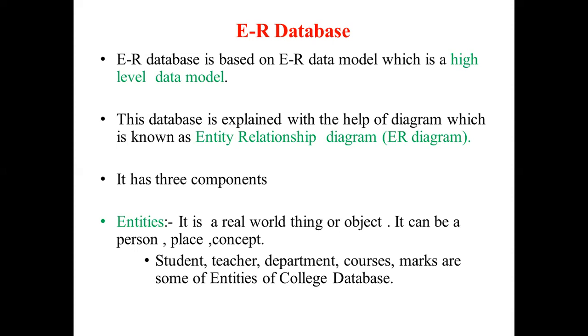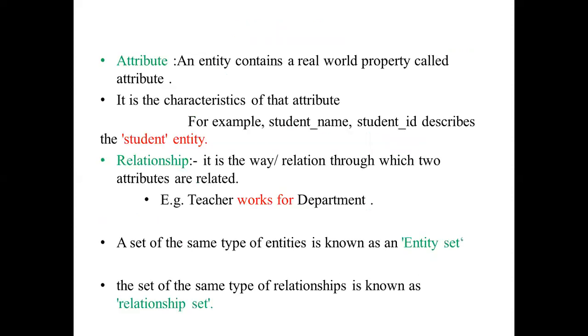For example, student, teacher, department, courses, employees, company. These are some examples of entities. The database may differ, but whether it is an object, a place, or a person, it is called an entity.